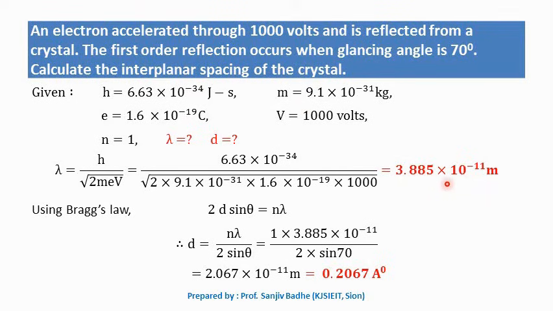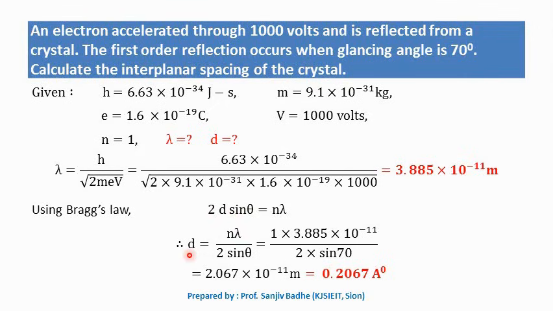Once we get this wavelength of the wave associated with the electron, we can put this wavelength in Bragg's law. Bragg's law of diffraction says 2d sin theta equal to n lambda, where n is the order of the maximum, lambda is the wavelength of the wave, and d is the width of the slit. In this case it will be the interplanar spacing. Theta is the glancing angle, which is given to us as 70 degrees.